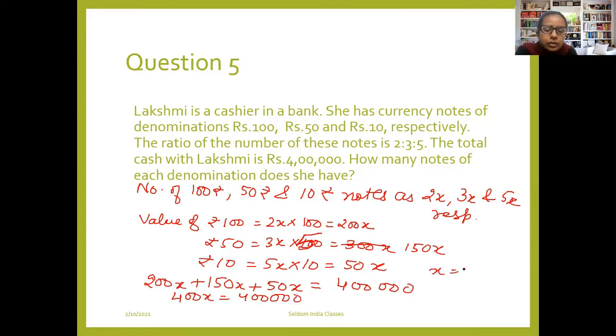So x equals 4 lakh divided by 400. Cancelling them will give us x equals 1000. So the number of 100 rupee notes is 2x, so 2 into the value of x is 2000.